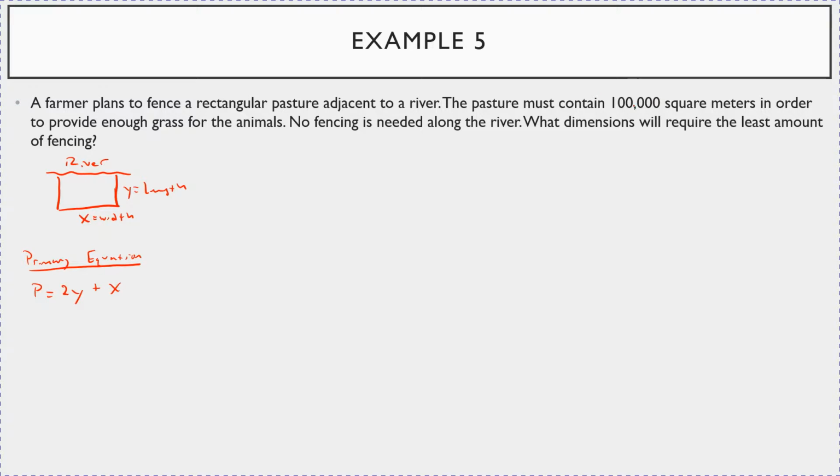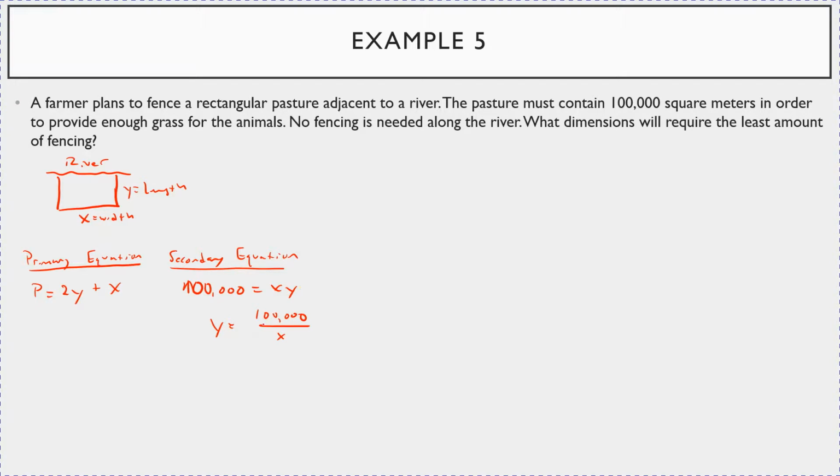And then look, they tell you it must contain 100,000 square meters. So the secondary equation you're given is the area, right? So 100,000 is equal to x times y, or y here is equal to 100,000 divided by x.